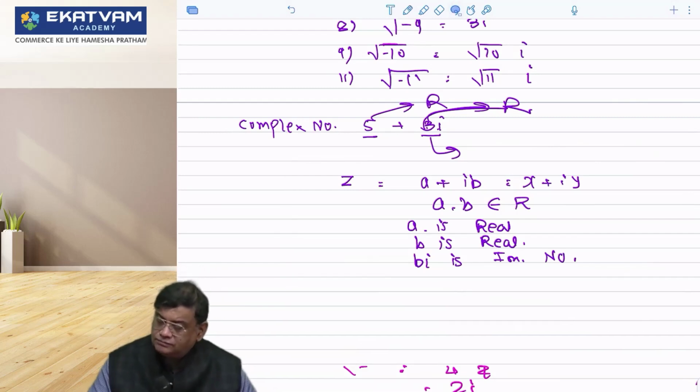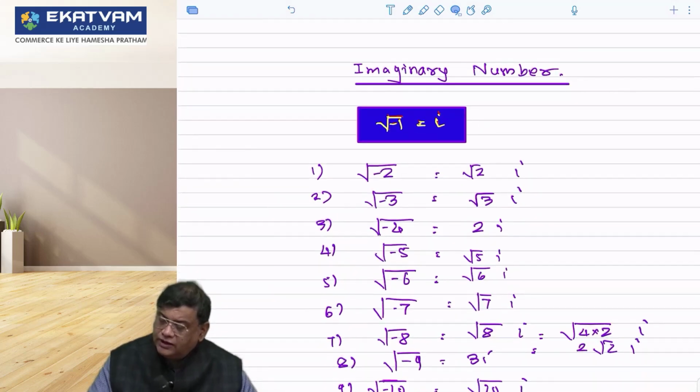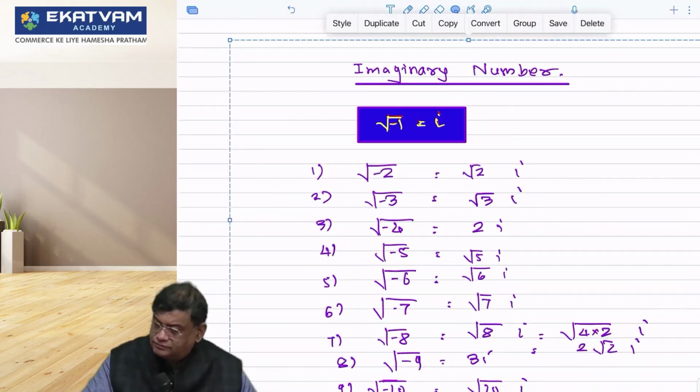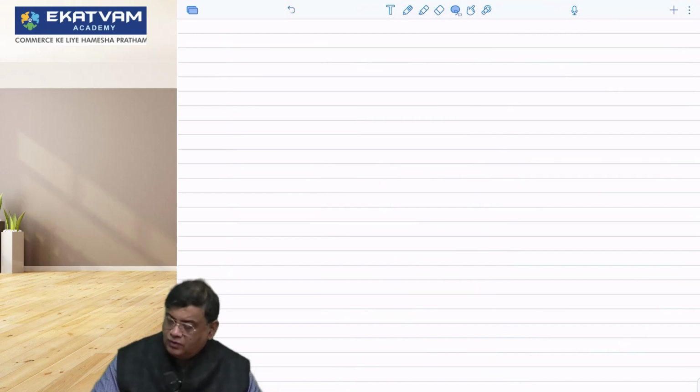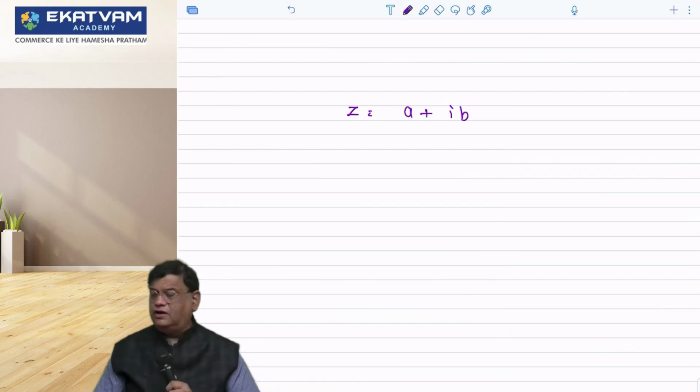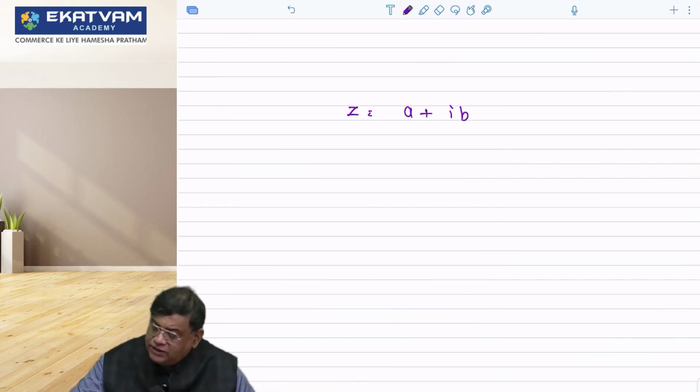A complex number is denoted by Z is equal to a plus ib, where a and b belong to real numbers.